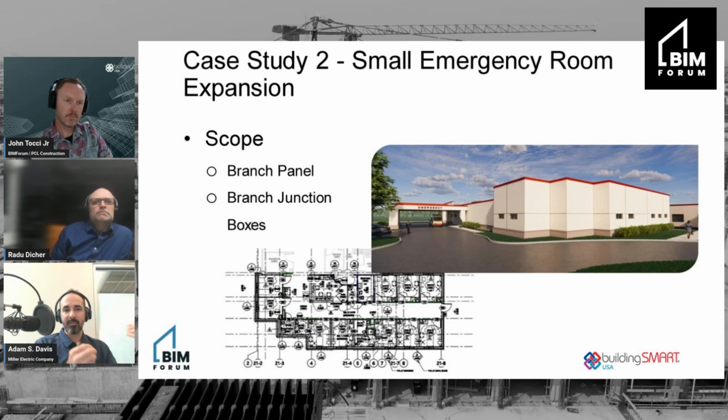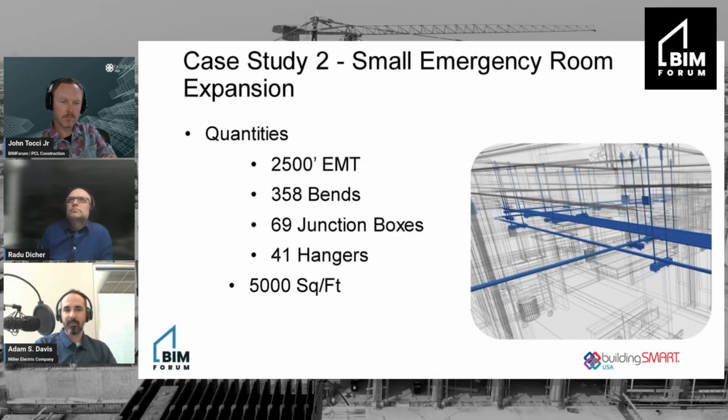That other project we looked at was a vertical healthcare opportunity. We just focused on the distribution. Clearly, there was a lot of branch conduit that we did not include. And again, trying to test it to that limit, we peeled back and went to a smaller project. So again, just branch panel and junction boxes.